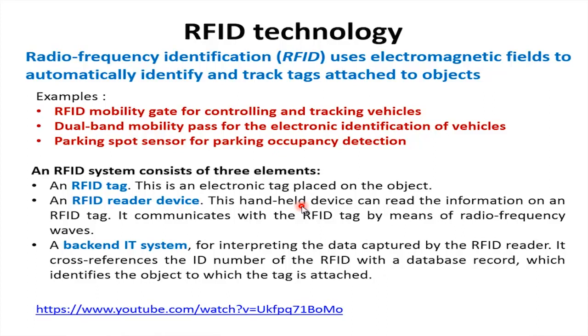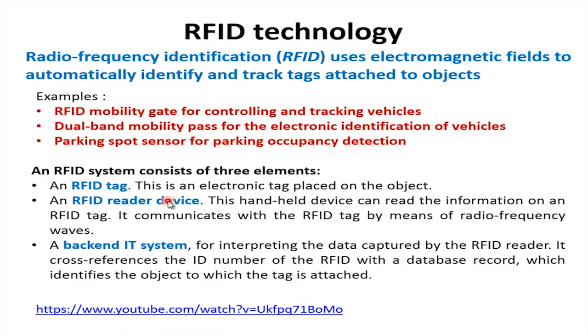Yes, we can use the barcode and scan it. That's a good thing. But using RFID tags, it is easy to locate the items. At one time, so many items can be located and identified.